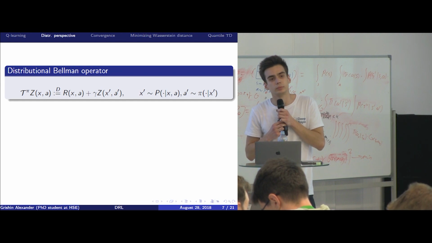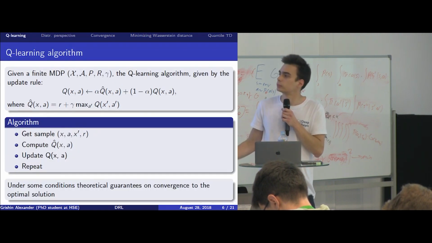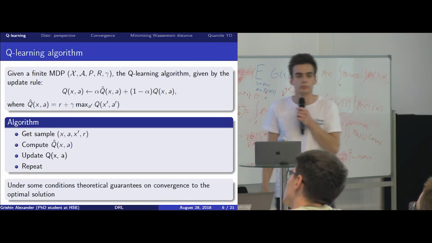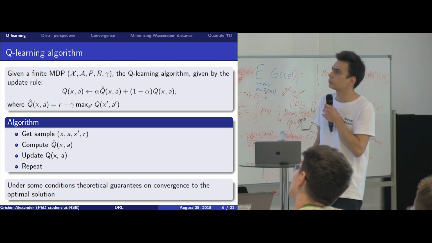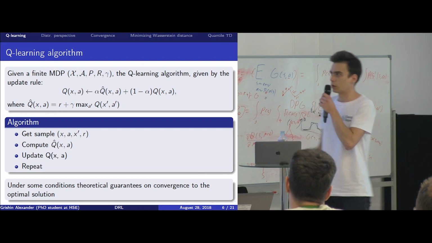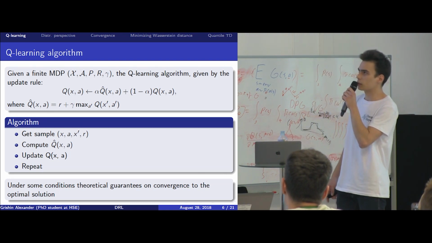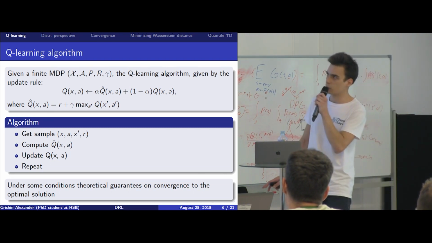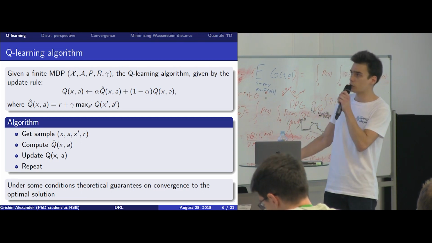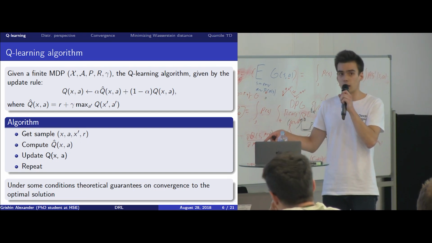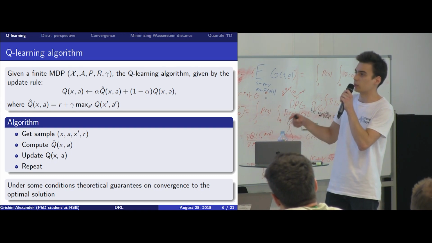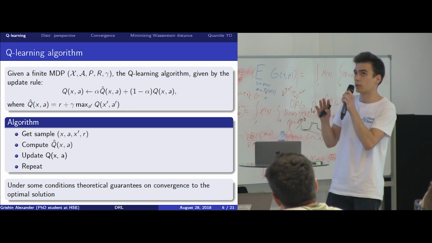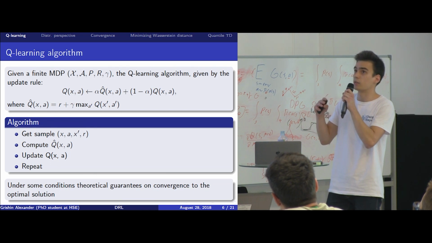Sorry, I have a question about the previous slide. I don't get how we update Q. Do we update the policy, or what, and how is it done? Okay. Formally speaking, we don't have any policy here. We just have the Q value function, and at each time we can even not act.